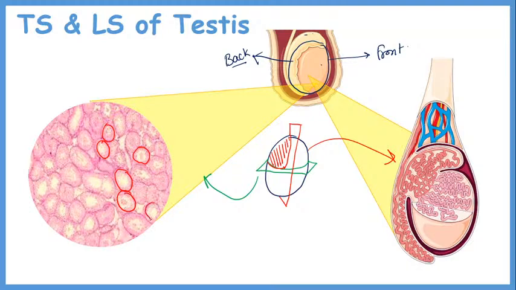Can you identify these round structures? These round structures are tubes, which you can understand because in the tube we have some lumen, like here lumen, lumen, lumen. In the tube we have lumen, isn't it? Can you appreciate that?